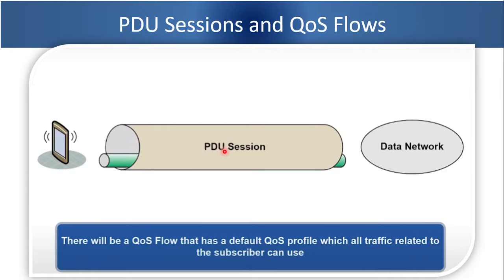So assume that this PDU session currently has a default QoS profile, because initially a default QoS flow, which does not have a guaranteed bit rate but is best effort, is allocated to the device. And later on, when the device requires a different kind of QoS flow, say requiring guaranteed bit rates, then another type of QoS flow is allocated within the same PDU session.